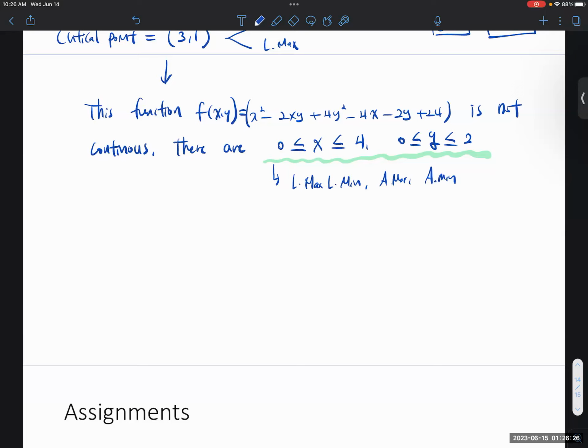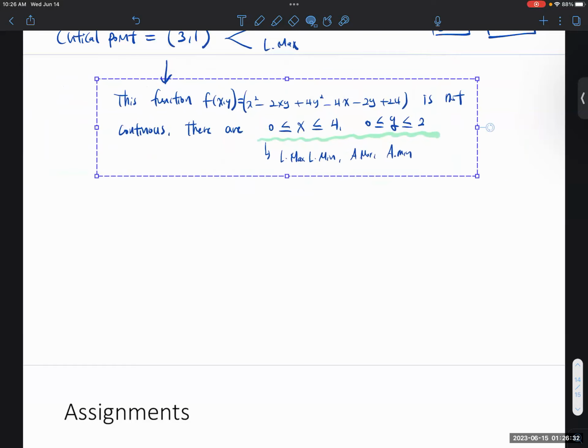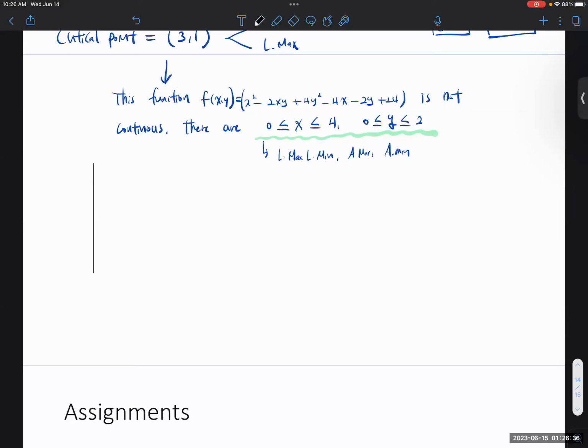But think about it. I'm going to draw that boundary in the graph. So let's look at the boundary. So x is between 0 and 4. Let's say this line, I'm going to call L1.